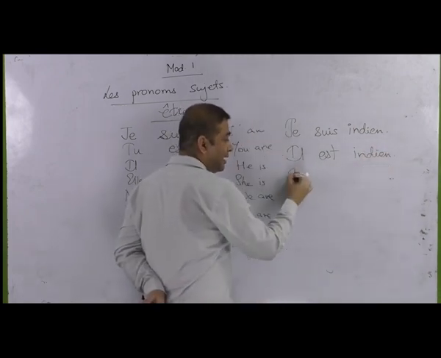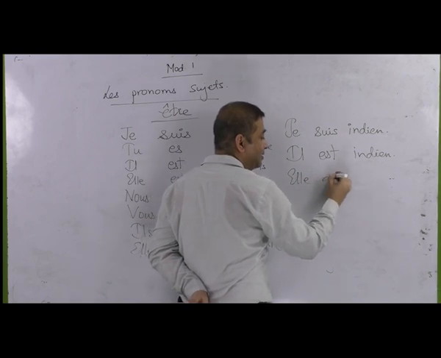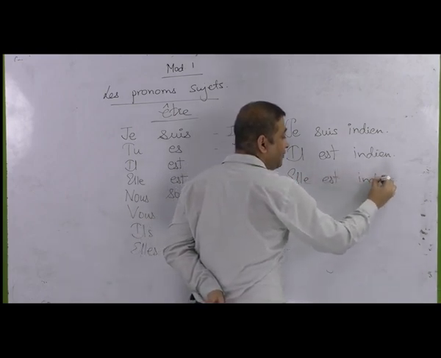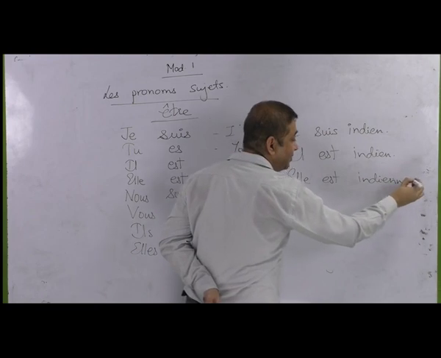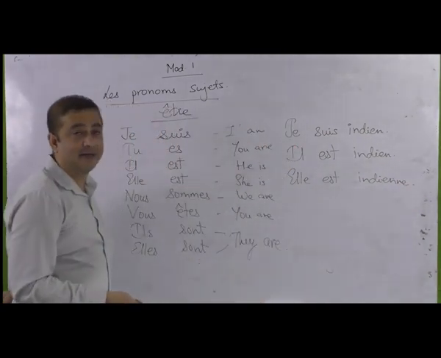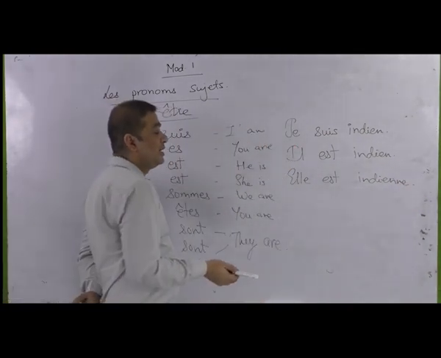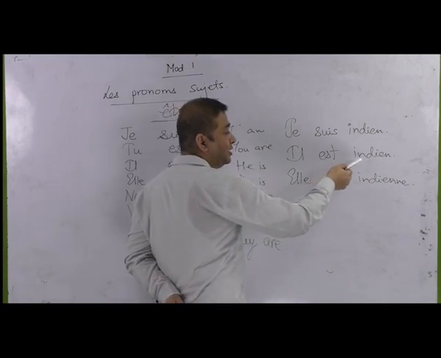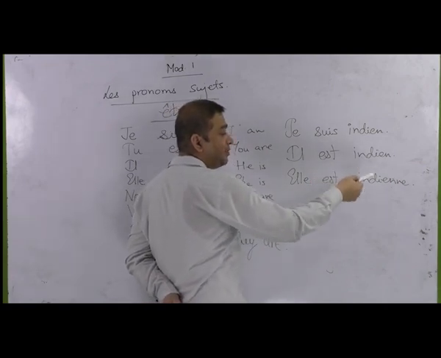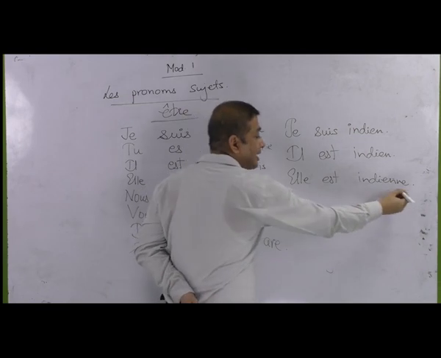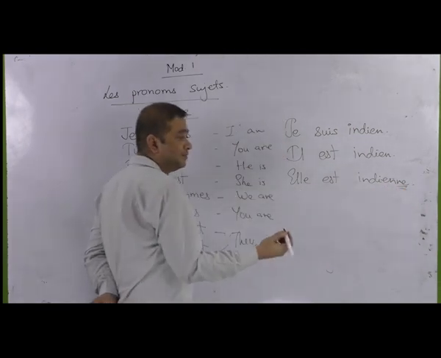She's an Indian, I'll say elle est indienne. I have to change indien into indienne because in French the nationality changes according to the gender. So for masculine it is indien, for feminine it is indienne, adding ne to indien.